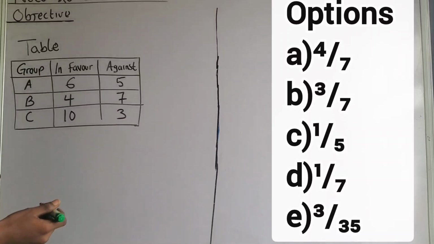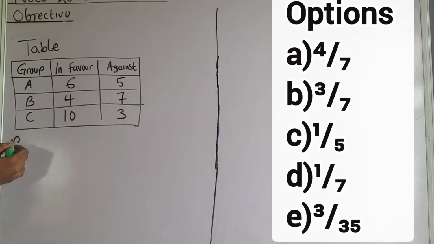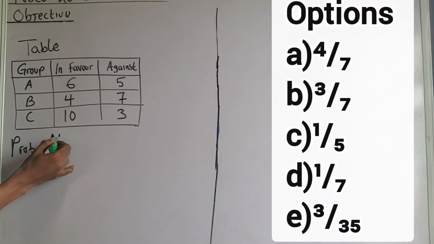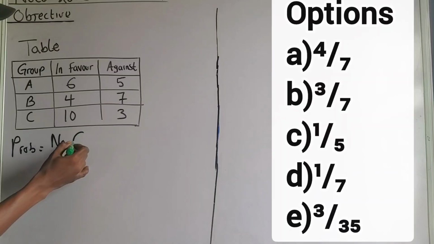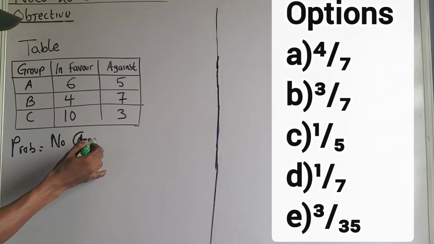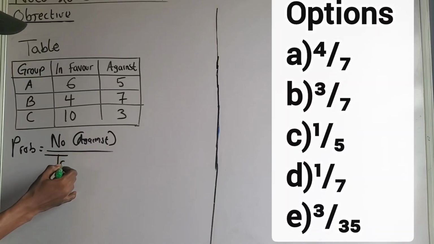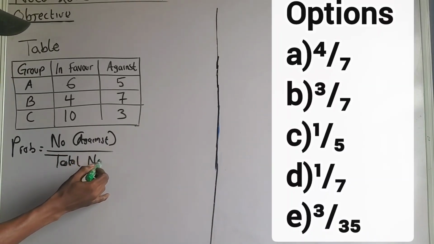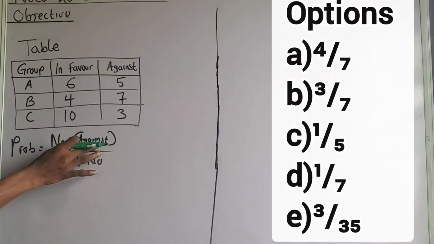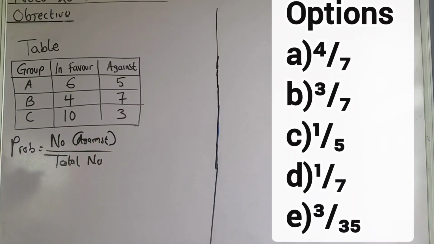The probability will be equal to the number of students that are against the proposal, all over the total number of students. Please pay attention.